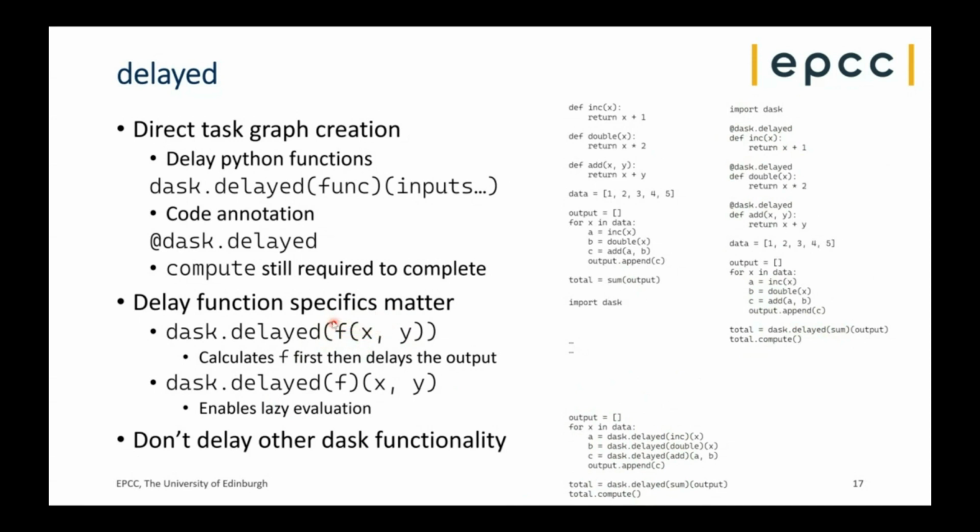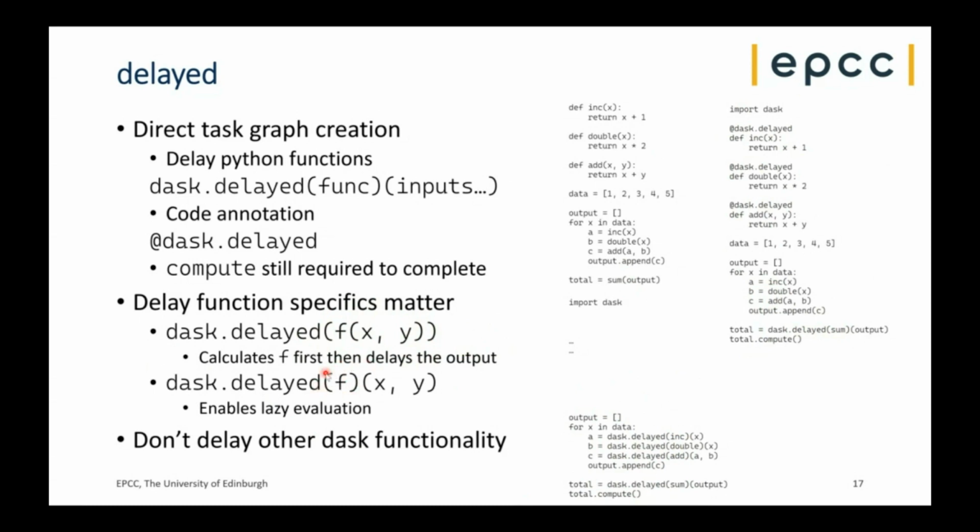So if you do your brackets wrong, so if you say delay and then the whole function, including its arguments, inside the brackets, then what this will do is just immediately calculate f, and then add the output to the task graph, but it doesn't delay the task going to be run. So that's not what we want to do. You have to be careful.